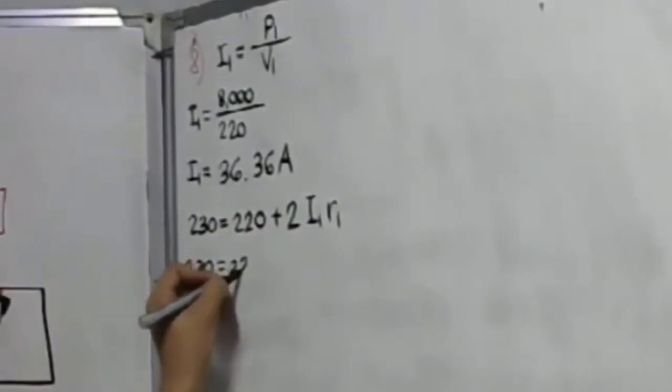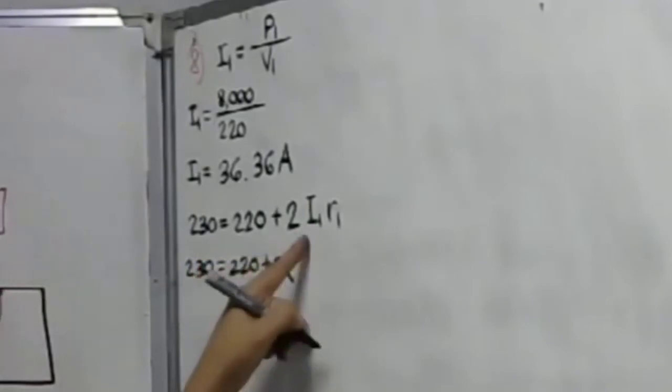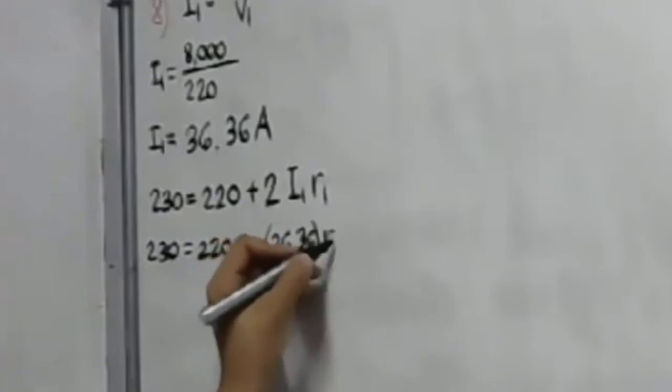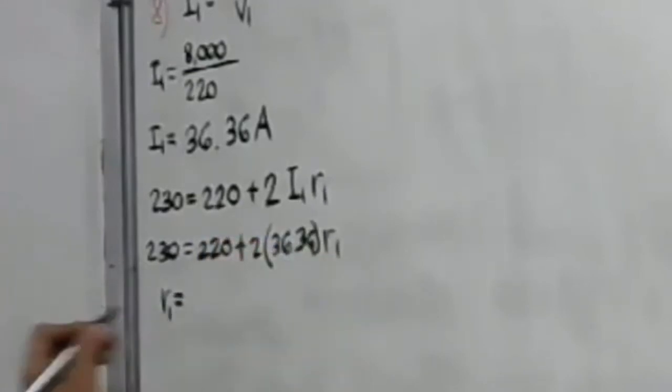So, therefore, we can substitute 230, then 220, then we have 2 times I1, which is 36.36, times R1. So this is now easy. Let us manipulate this using our calculator.